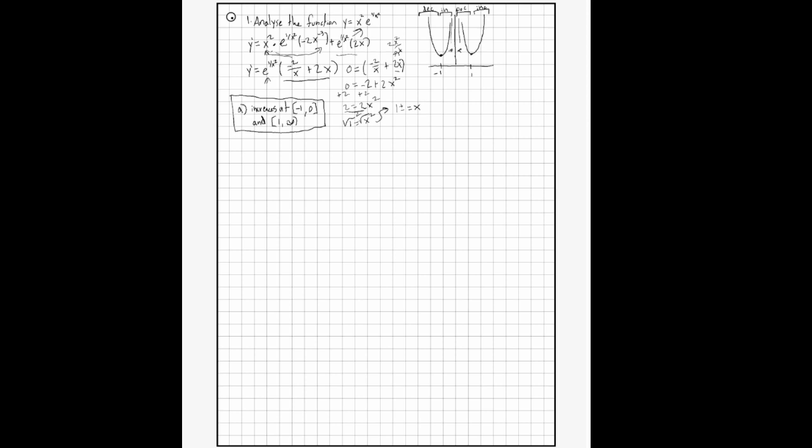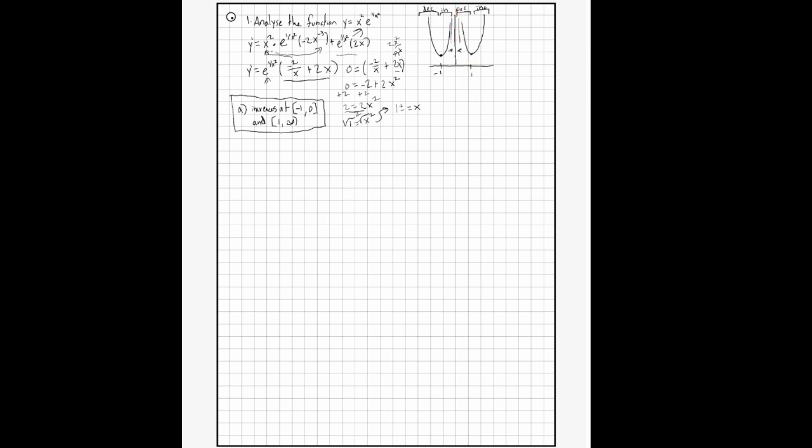Part B asks us to find the intervals on which the function is decreasing. Looking at this again, you can see the function is decreasing from negative infinity to negative 1, and from 0, because this line right here, the asymptote, is approaching 0, to 1.